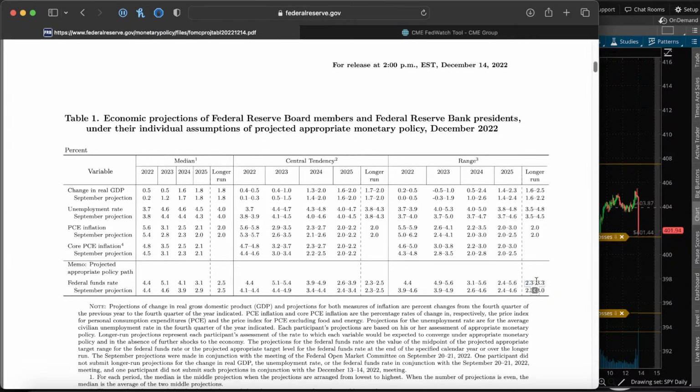So they raised the top rate to 3.3. So we didn't get a change in the bottom rate. So that means the doves are still hanging on to their 2.3 longer run. So 3 to 5 years interest rate. Okay. And then the top rate looks like we just broke 402. But the top rate that they're expecting, wow, went up to 5.1 to 5.4%.